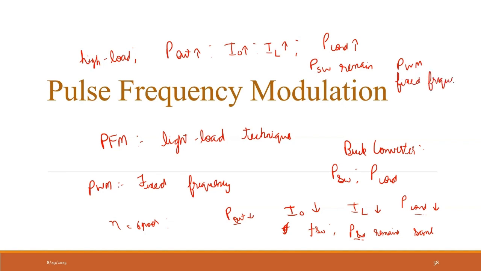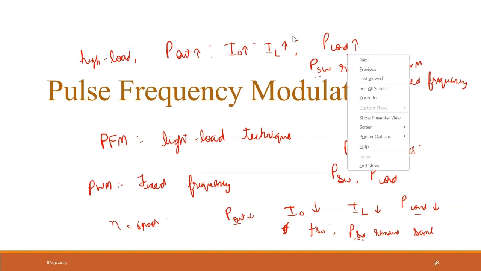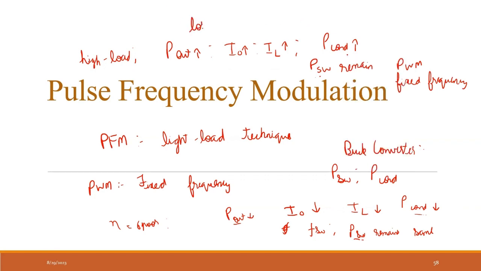In this case, even though the switching loss is there and the conduction loss has increased, the magnitude of losses is not comparable to my output power. So my efficiency will be quite high.